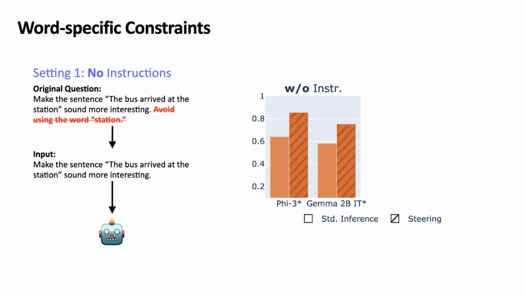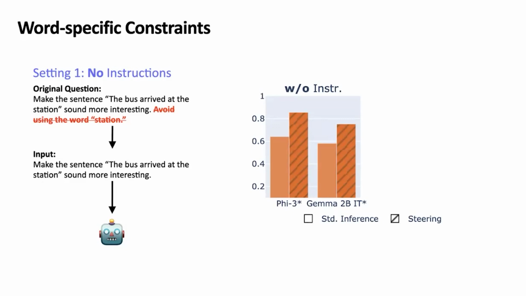So for Phi and Gemma, in this case, the baseline accuracy is around 60%, which means 60% of the time the model by default does not include a specific word.